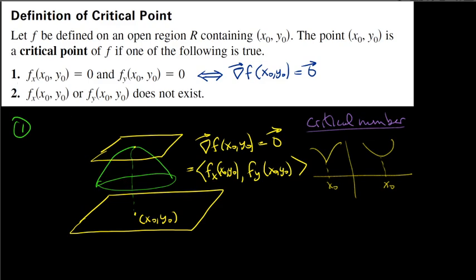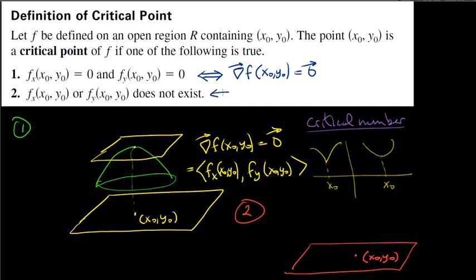The second possibility, which I'll do here: again, you have your xy plane, you have your critical point x0, y0, and what makes it a critical point is that either the gradient is 0 or the gradient does not exist. In other words, there is no gradient vector here.